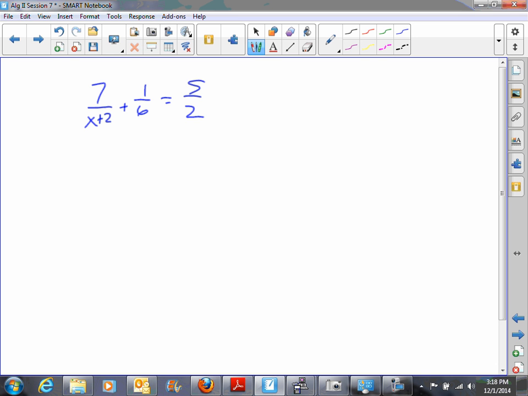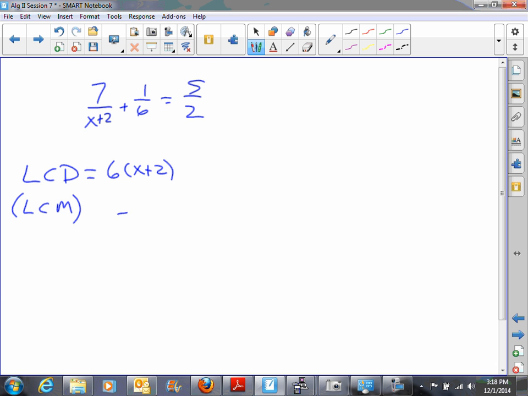So the lowest common denominator, which is also the lowest common multiple of those fractions, is 6 times (x plus 2). Since I have an equation, I can multiply both sides by 6 times (x plus 2), and I'll get larger numbers, but numbers that won't be fractions.